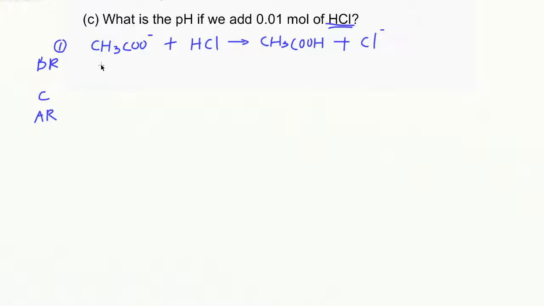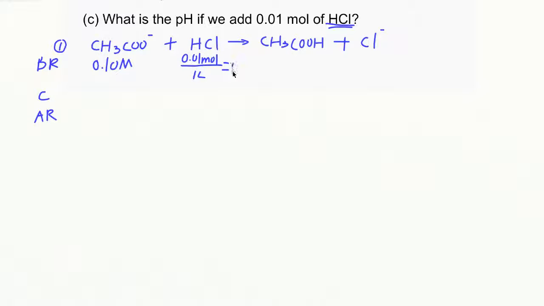Before the reaction, the concentration of this conjugate base is 0.10 mole per liter. And the concentration of the hydrochloric acid would be the mole number, 0.01 mole, divided by the volume, which is 1 liter in this case.